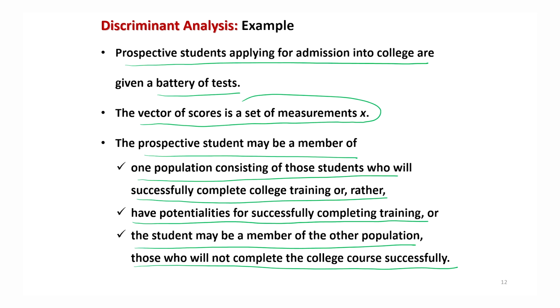That is really what happens in practice. Why do we conduct the entrance examination in a college? We always want to test whether the student can complete the degree from that college or not.